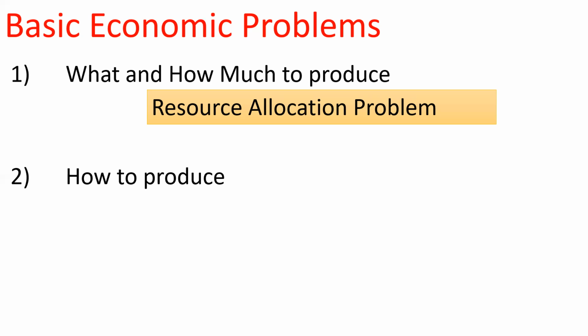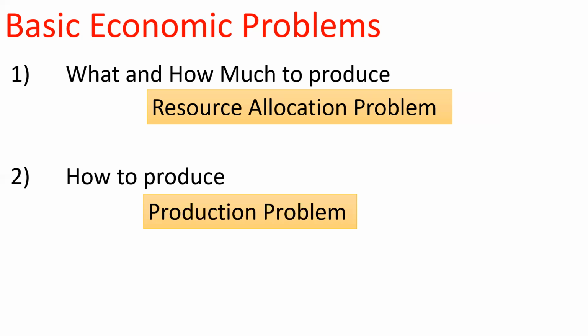And then, how to produce? Whether we use more labor or more capital, and whether we use organic fertilizer or chemical fertilizer. That's called how to select a production method.